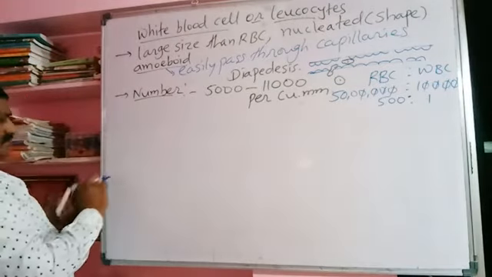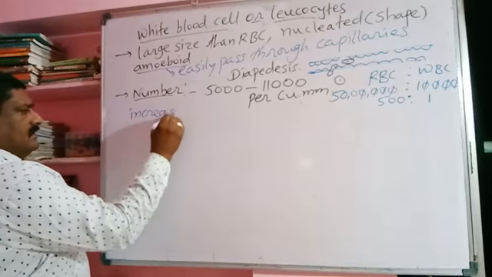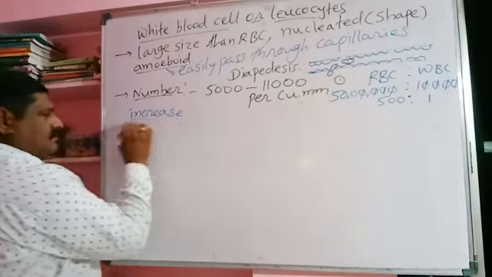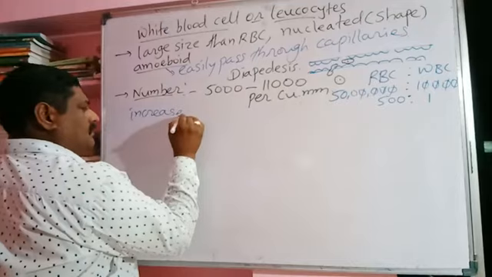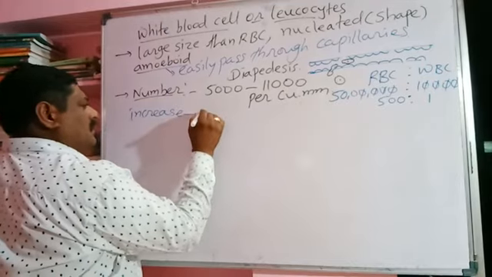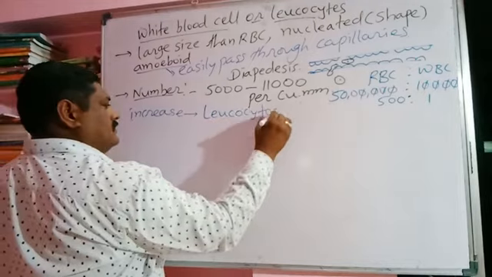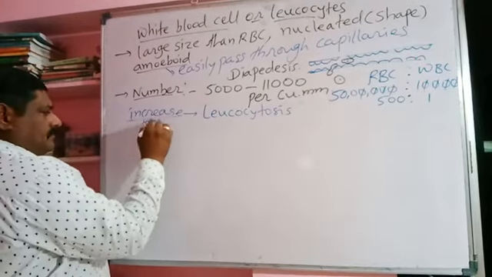The number of WBC may increase or decrease. Increased production of WBC is called leukocytosis, and that increase may be temporary.